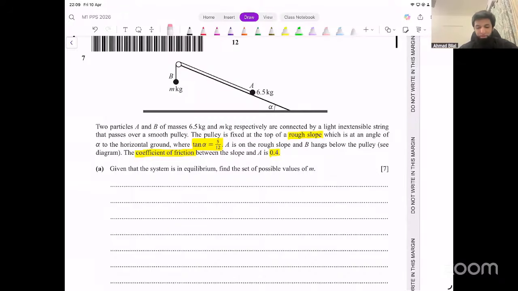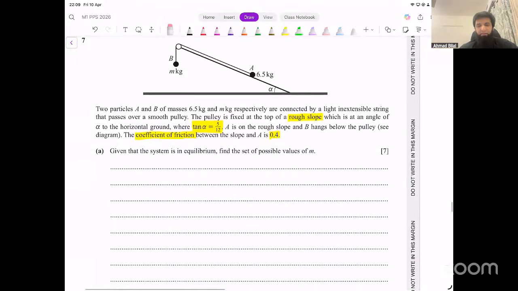So in such cases, what we do is we take the two extreme cases of equilibrium. One extreme case would be that the object B is just about to go down and A is just about to move up the slope. And the other extreme case would be that A is just about to move down the slope and B is just about to move up.